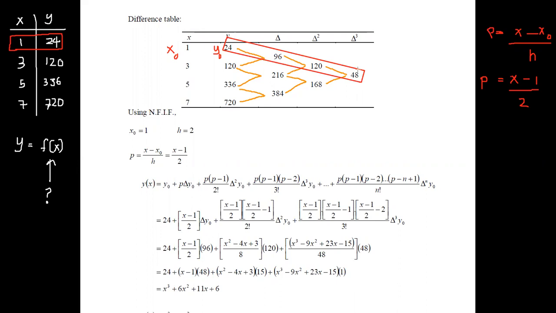Likewise, delta cube y naught is equal to 40. Therefore, this is how we substitute the values for delta y naught, delta 2 y naught, and delta 3 y naught. The first value of each column should be taken as the appropriate differencing when using Newton's forward interpolation formula.